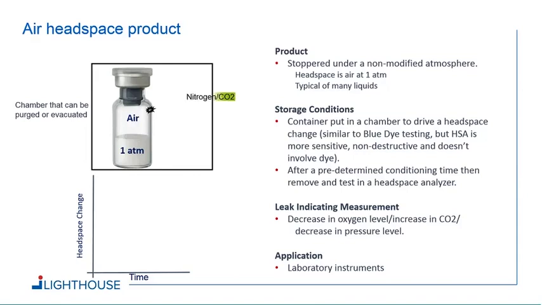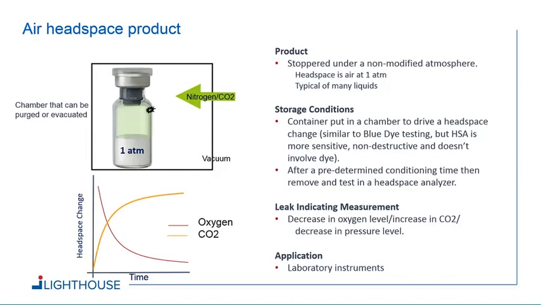So what will happen here, let's say you have nitrogen or CO2 inside the chamber, you can overpressure it. This gas from the chamber will then make its way through the defect into the container headspace. And what will you measure? If you're measuring oxygen, you will see the initial atmospheric oxygen levels decrease because of this cycle, and you will see levels of your tracer gas, and let's say you use CO2 as a tracer gas, you will see the levels of the tracer gas increase.